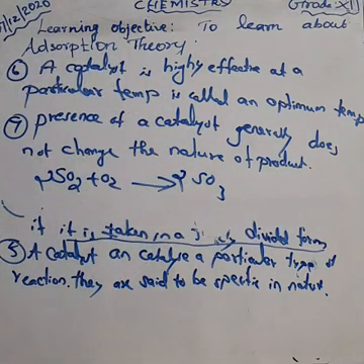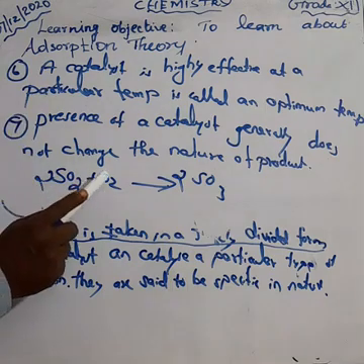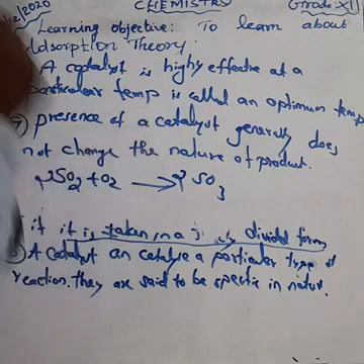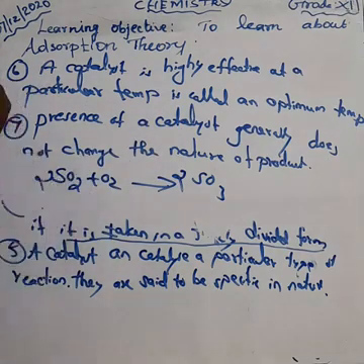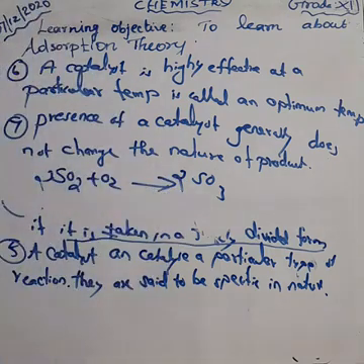Here, this reaction is a very slow reaction. Sulfur dioxide reacts with oxygen to form sulfur trioxide. The reaction is very slow.